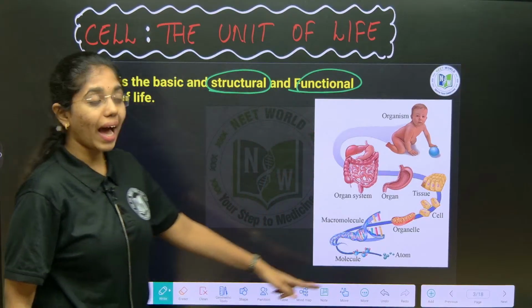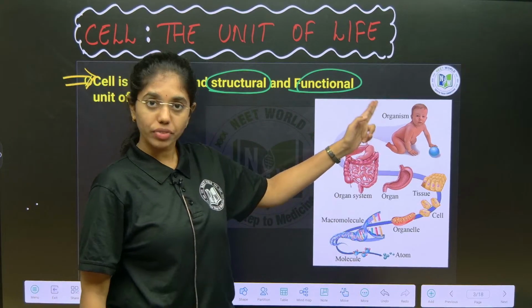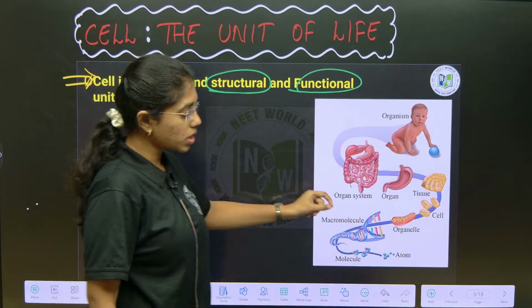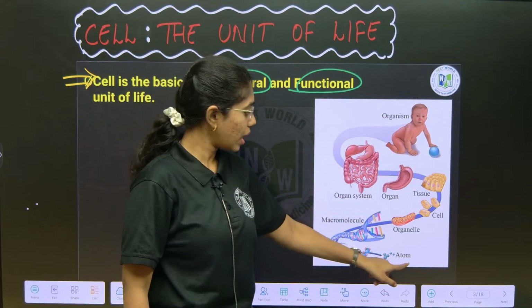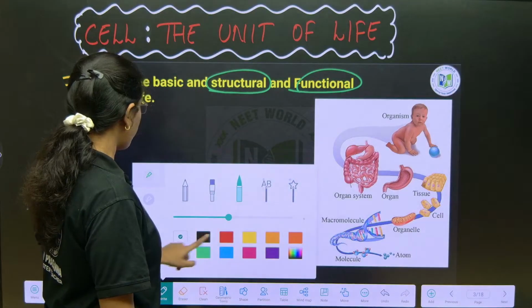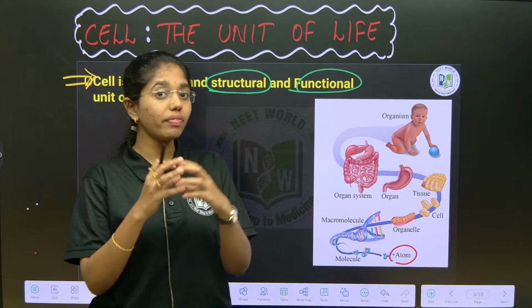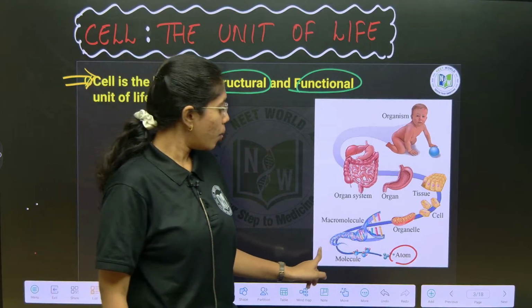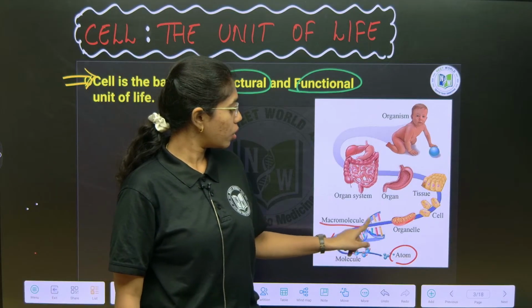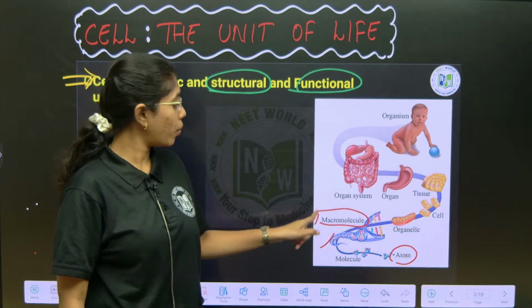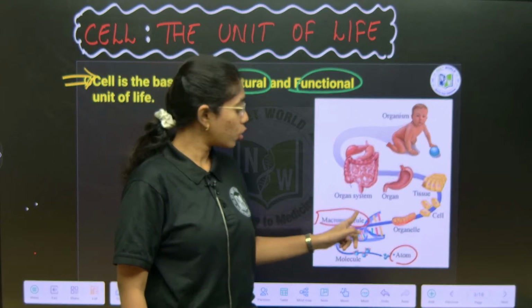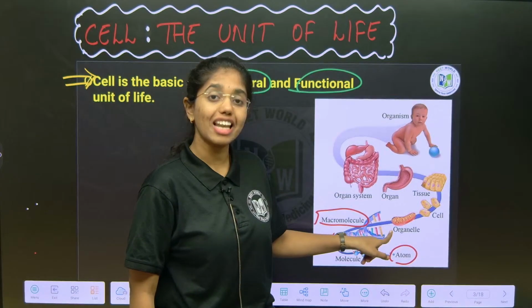If you look into the hierarchy of organization in a living organism, the first and most primitive things are atoms, followed by a group of atoms combining to form a molecule. A group of molecules combines to form a macromolecule. Then a group of macromolecules forms cell organelles.